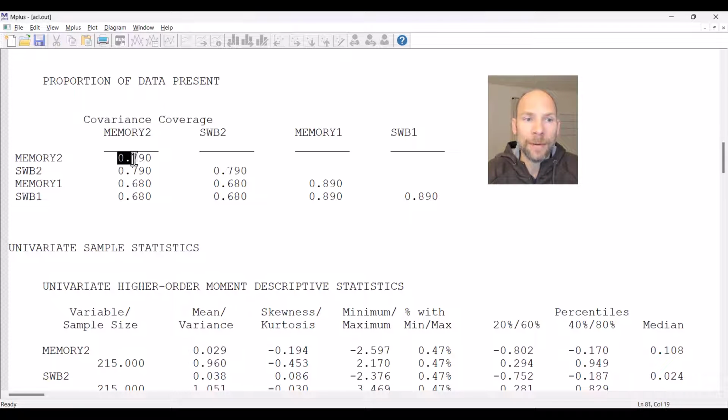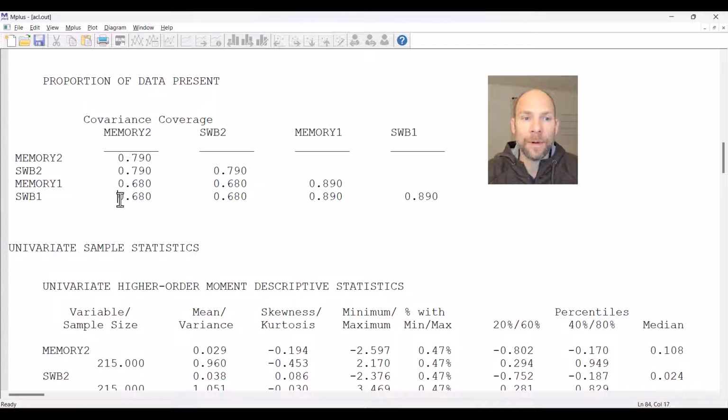You can see, for example, from the covariance coverage matrix that 79% of cases contributed information for estimating the memory 2 variance, and 68% provided information to estimate the covariance between memory 2 and memory 1. So overall covariance coverage was decent.